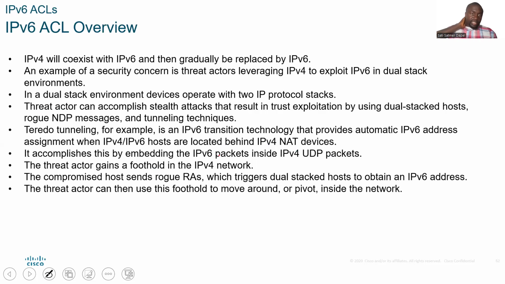IP version 6 access control list overview. Everything that we have done for IP version 4 can also be done for IP version 6. I know some of you are new to this concept of IP addressing, especially IP version 6. You have not fully understood IP version 4, and now you're going to IP version 6.